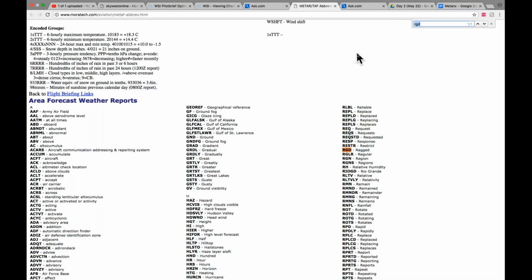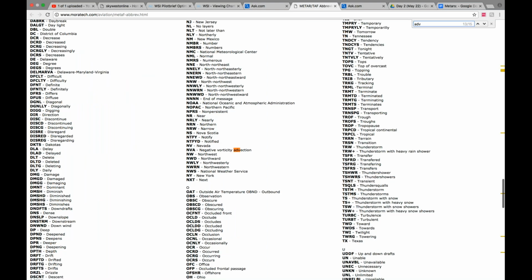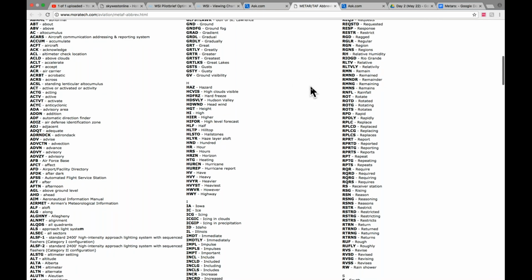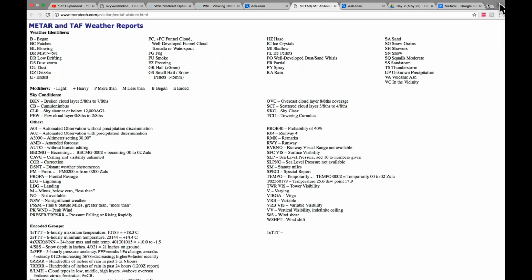So if there's something in a METAR you don't know what it is, let's see, ADV CTN. There you go, advection. Okay, that's what's going to help you guys identify these different remarks sections.